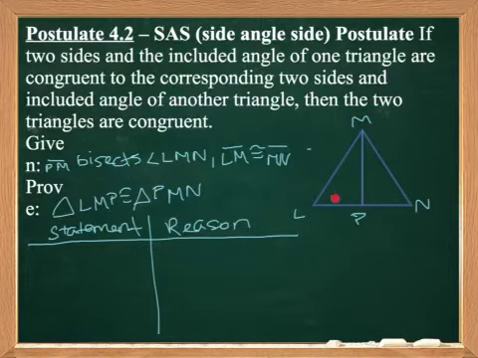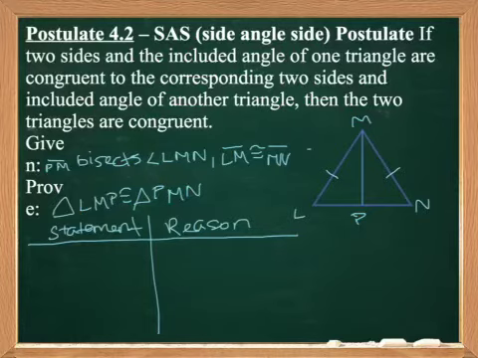Now we can see that this is one big triangle here, but we can also see that MP is the angle bisector of LMN. So we're really looking at LMP and PMN, especially because that's what we're trying to prove are congruent. We're going to mark off what we know. LM and MN are congruent to each other.